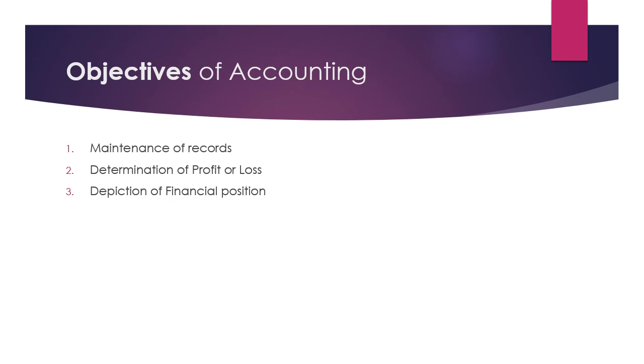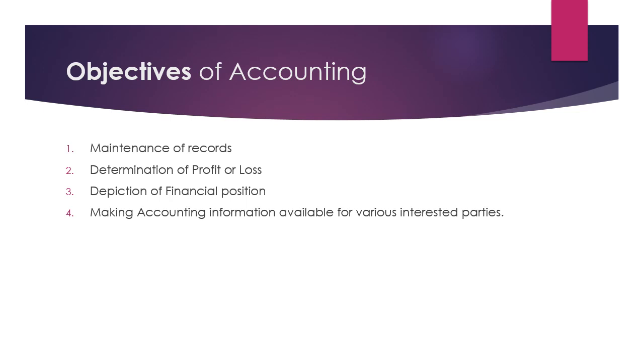Depiction of financial position. By preparing a position statement called balance sheet at the year end, the business evaluates the assets that it owns and liabilities that it owes, making accounting information available for various interested parties.